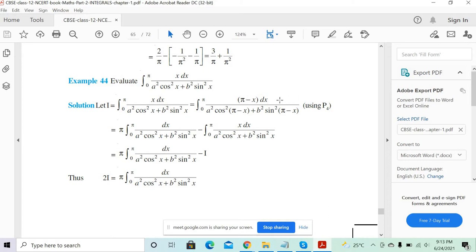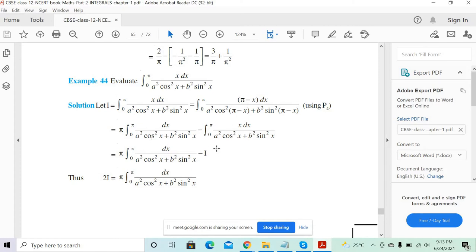Yes, sir. Fine. Property number 4. Next, now what we got: we kept pi, and the denominator came this one, the same thing. Now what are we doing in this case? Pi minus x is there, so we separate the numerator as a fraction: pi by denominator minus x by denominator.